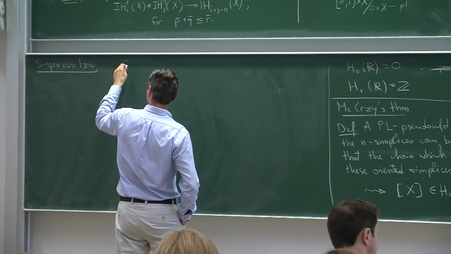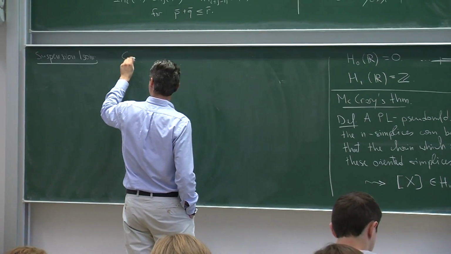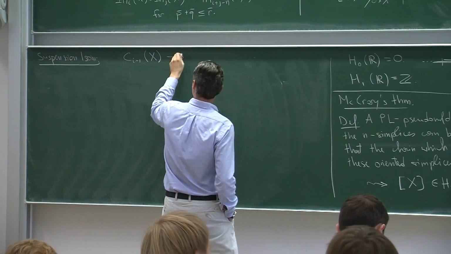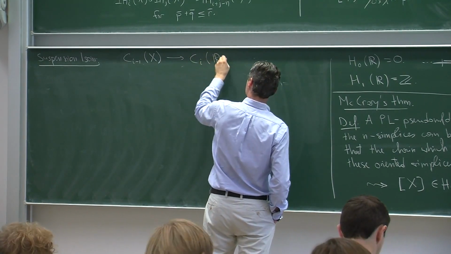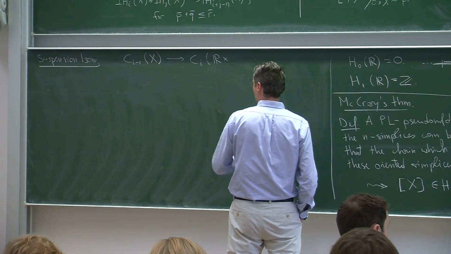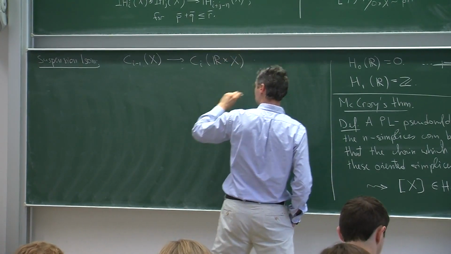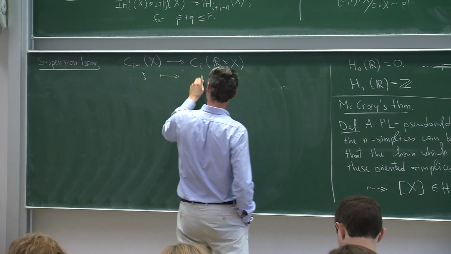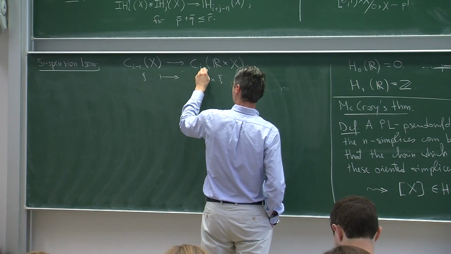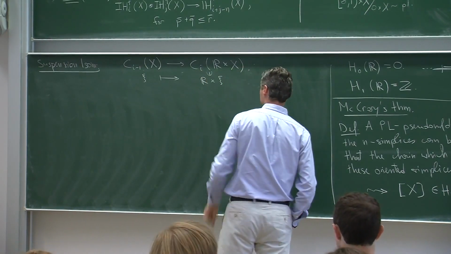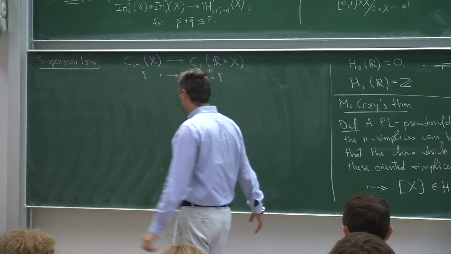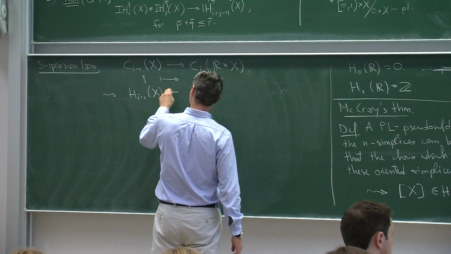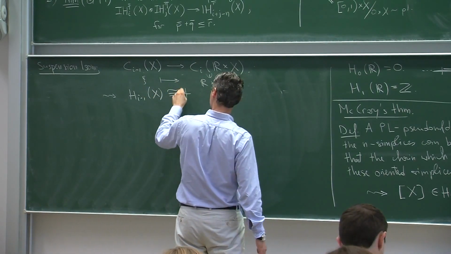Because if you have, in fact, any chain, let's first take any i-1 chain on X, and you want to compute the Borel-Moore homology of R cross X, then there is a similar map, as you say. You could take a chain here and send it to R cross xi in here. And this induces a map on homology, and this map is an isomorphism. And this is called the suspension isomorphism in Borel-Moore homology.